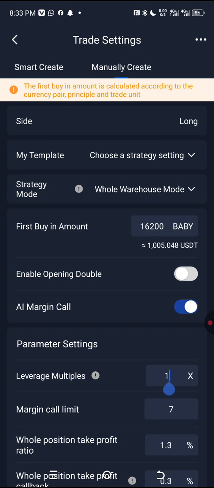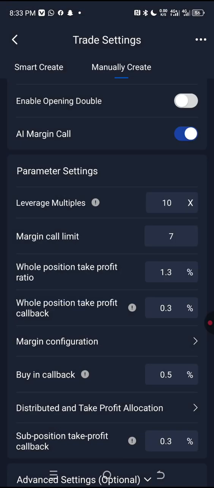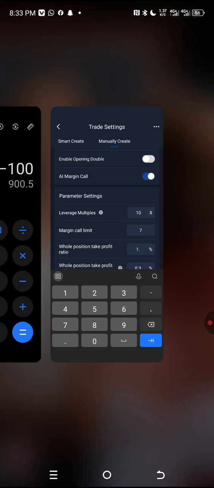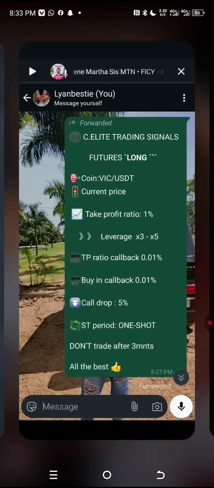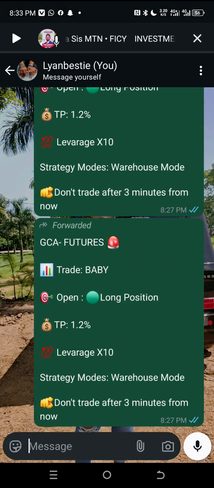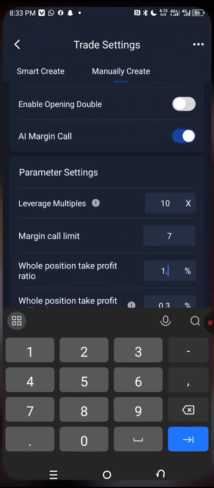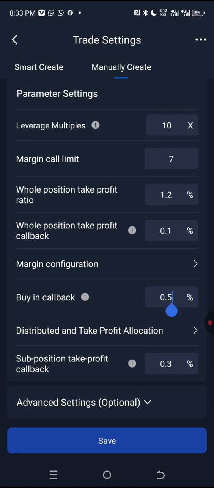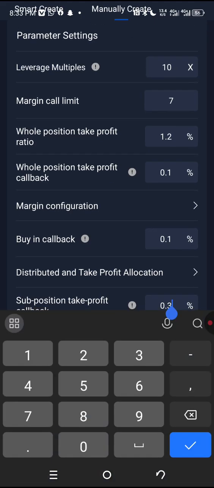So we are going to put a leverage here of 10, and then we are going to check. We shall come back and set this because remember, I want to save time entering. And then the take profit, they told us here, take profit was 1.2, where you see TP. So you're going to come here and put 1.2%. Here we can always put a 0.1, even here 0.1, even here as 0.1.